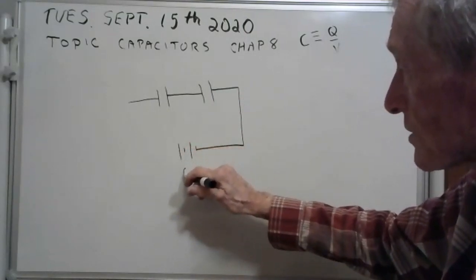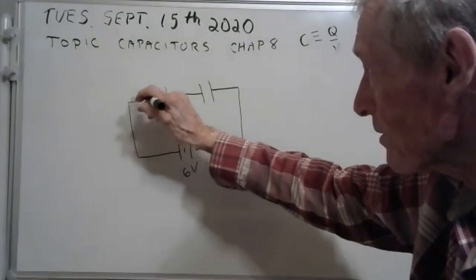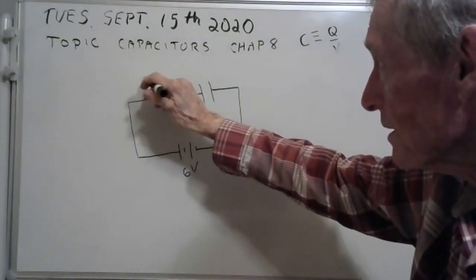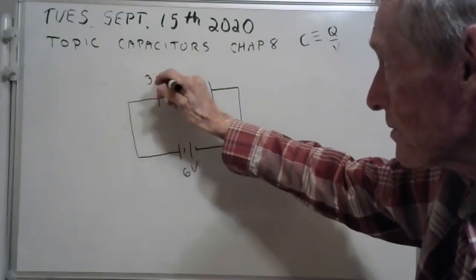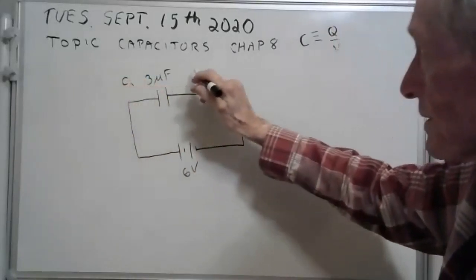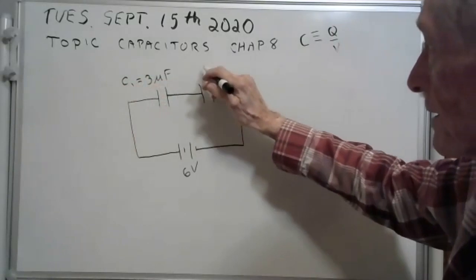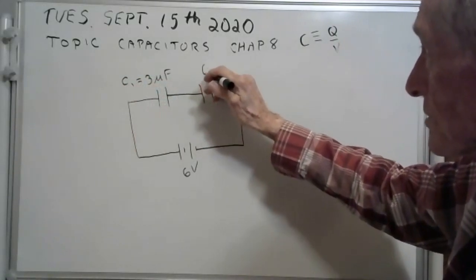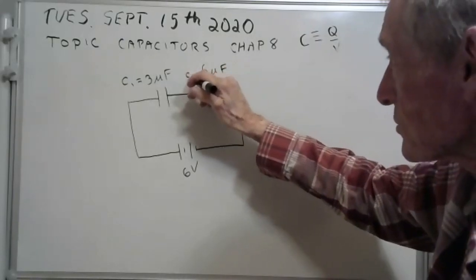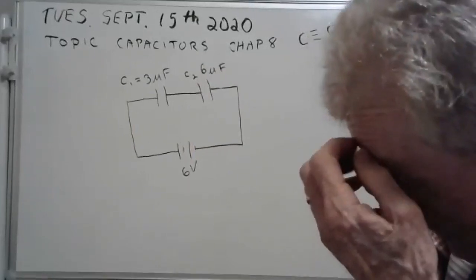We'll put a 6-volt battery here, and we'll put our old buddies, our 3 microfarad capacitor C1 and 6 microfarad capacitor C2 in series like that.